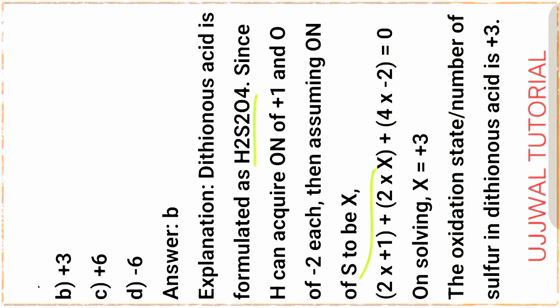By calculation, 2x plus 2 into 1 plus 4 into minus 2 equals 0. Solving, x equals plus 3. The oxidation state of sulfur in dithionous acid is plus 3.